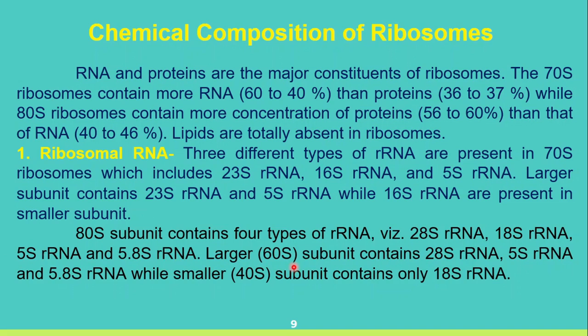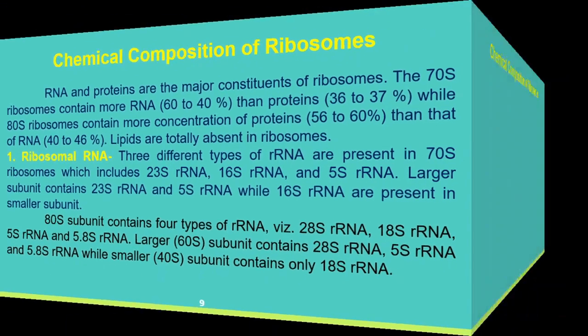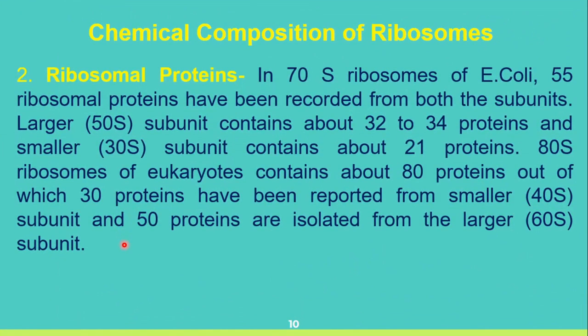The larger, that is the 60S subunit, contains 28S rRNA, 5S rRNA and 5.8S rRNA, while the smaller, that is the 40S subunit, contains only 18S rRNA. So these are the different types of ribosomal RNA which are present in both 70S and 80S ribosomes. Now, the second most important constituent of ribosome is ribosomal proteins.